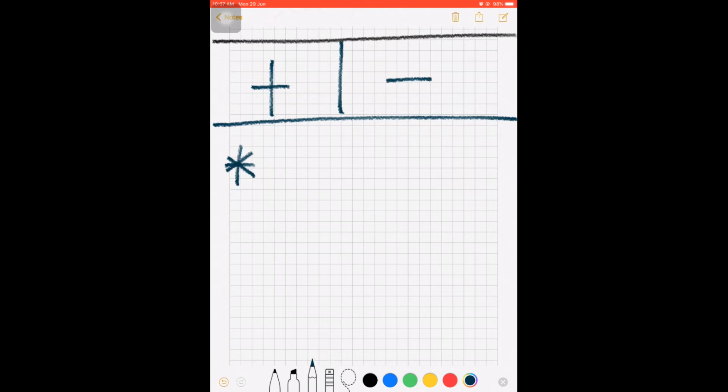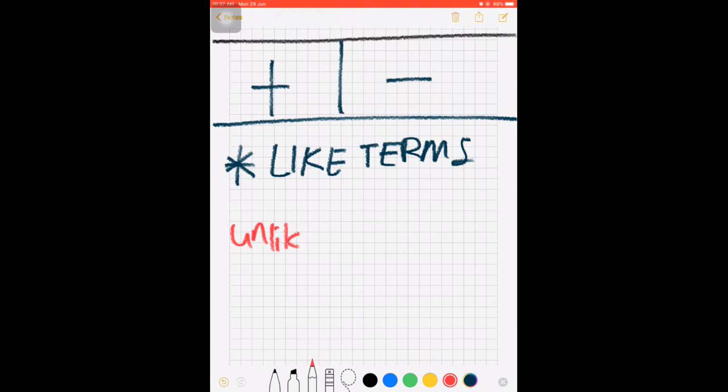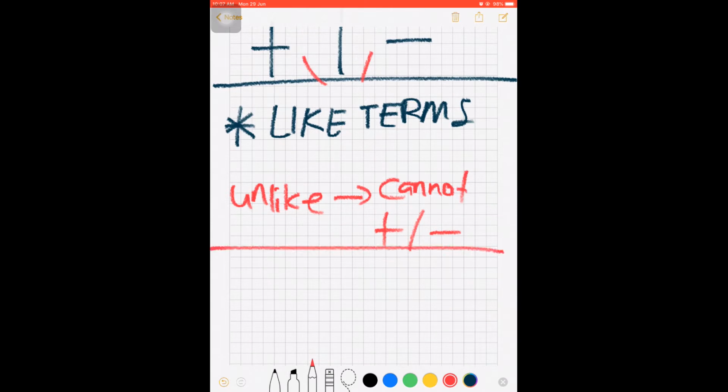You have to make sure that they are like terms. Because if they are unlike, you cannot tambah, you cannot tolak. You can only tambah and tolak kalau dia like terms, sebutan serupa. If it's unlike terms, you cannot tambah or tolak. Very important, kena remember.